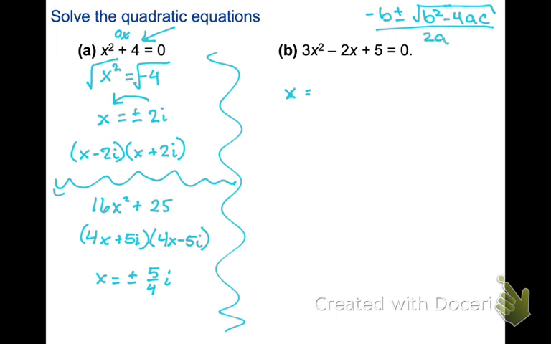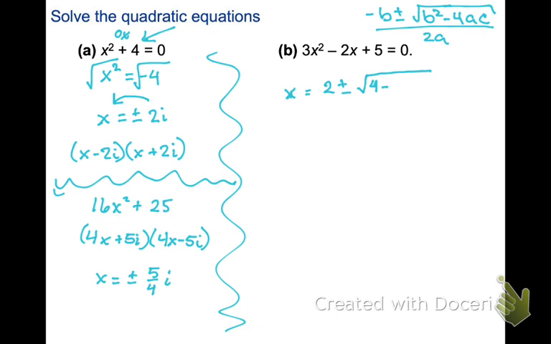Learn it. Okay, so I forgot the negative b. So it's negative b, which is 2, plus or minus the square root of 4 minus 4 times a times c.